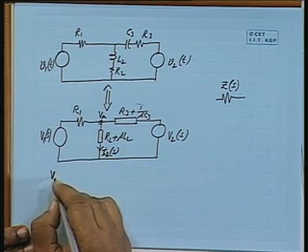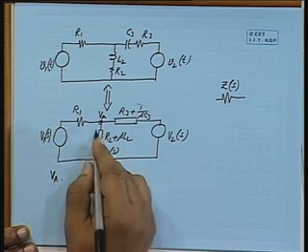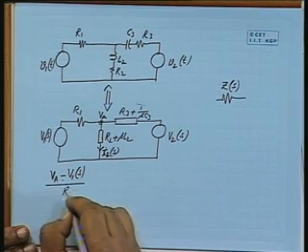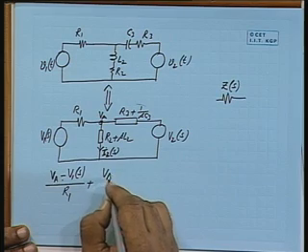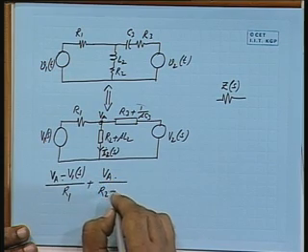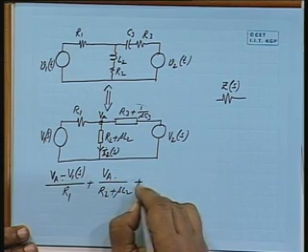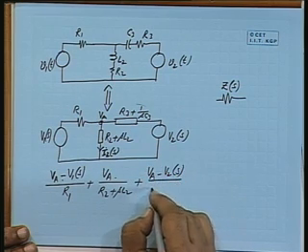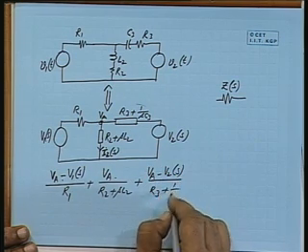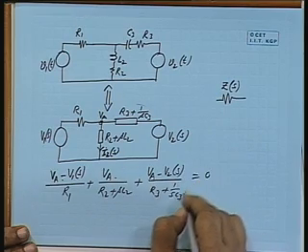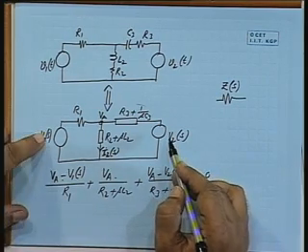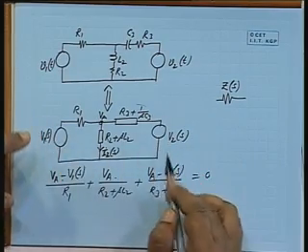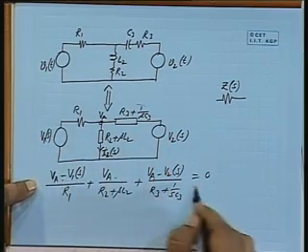So, (VA minus V1(s)) by R1 plus VA by (R2 plus sL2) plus (VA minus V2(s)) by (R3 plus 1 by sC3) equal to 0. Now, V1(s) and V2(s) will be given to you. It may be a step function, ramp function, or any other function. So, put those values, solve for VA.